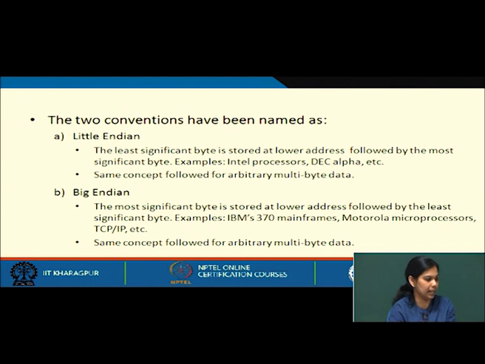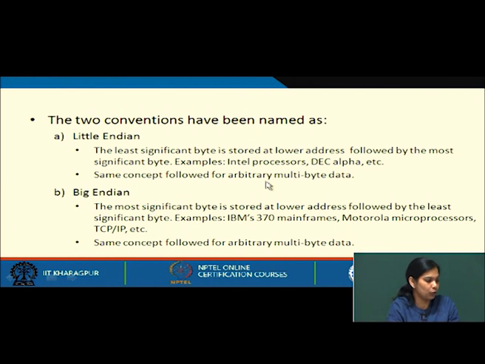One is little endian. The least significant byte is stored at lower address followed by most significant byte. So, Intel processors, DEC Alpha, they all use little endian method, where again I repeat, least significant byte is stored at lower address.